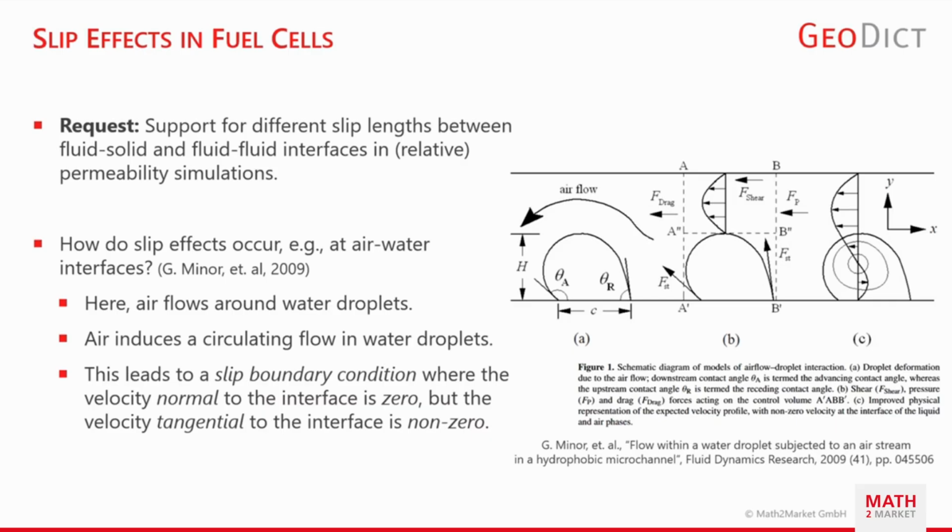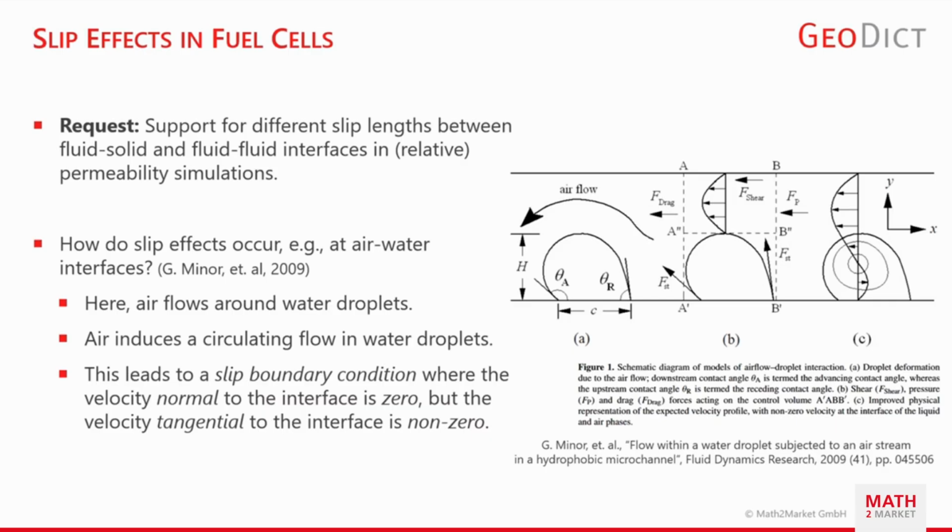Here you see a flow channel with a water droplet, and you have airflow around this droplet, and you see that the droplet is not moving. It's stationary, so the interface is fixed, but the airflow deforms the droplet a little bit, so you have different contact angles before and after the droplet.